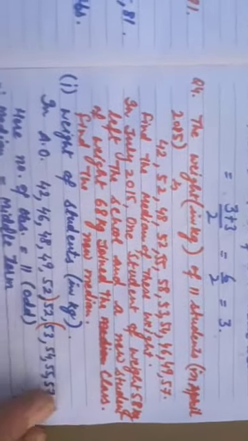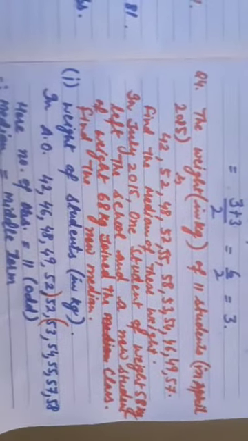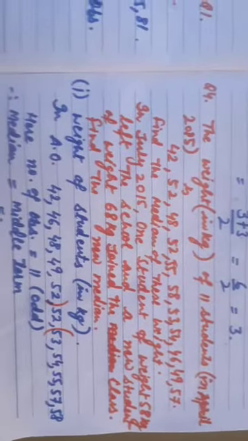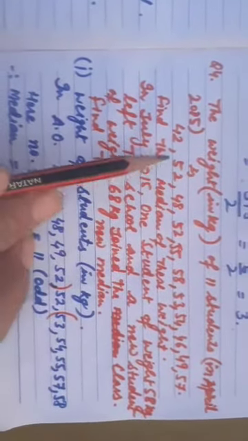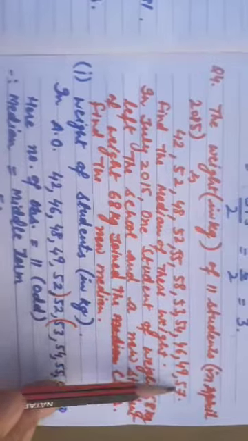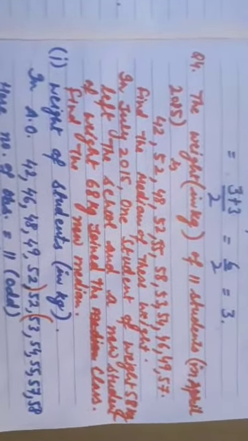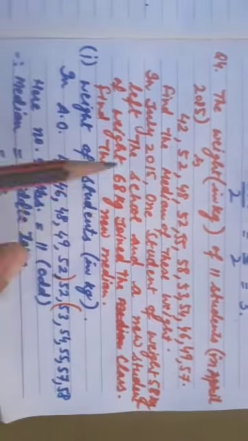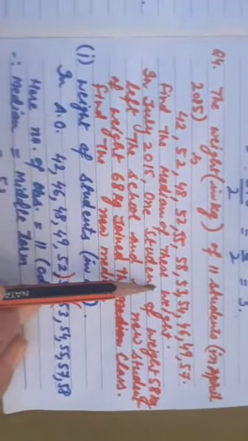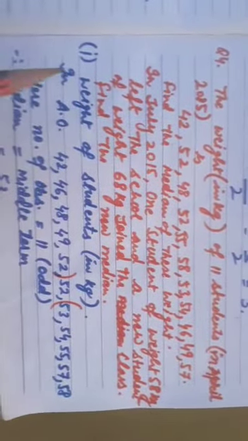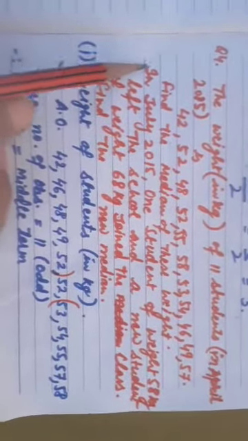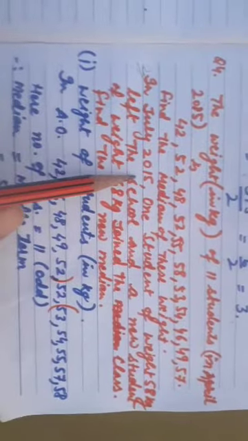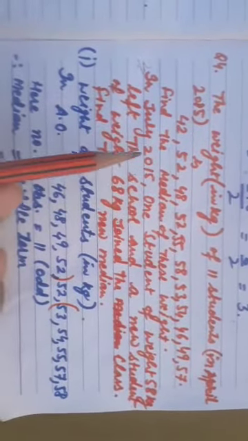Last part of this exercise is there. The weights of 11 students in the month of April of class 7th are given by this sequence. In this case we are asked to find the median of these weights. First part is there and second part is there. In this part we have to find the median again, but one condition is there.